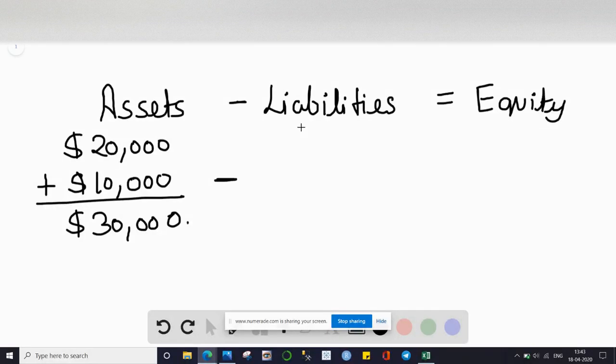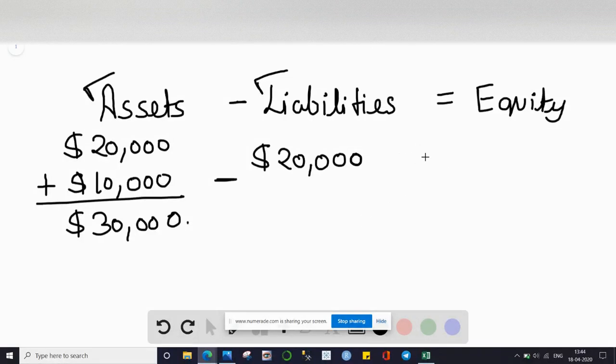The amount which you are likely to receive will be your asset. The amount which you are likely to pay, for which you have availed the benefit, will be considered liabilities. Let's say it is $20,000 you have to pay to suppliers for the imported video games.